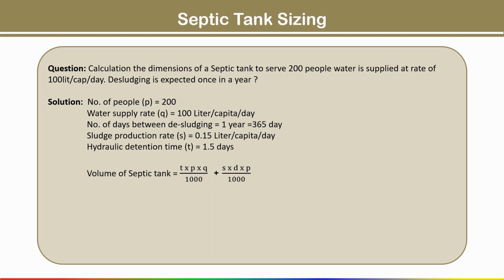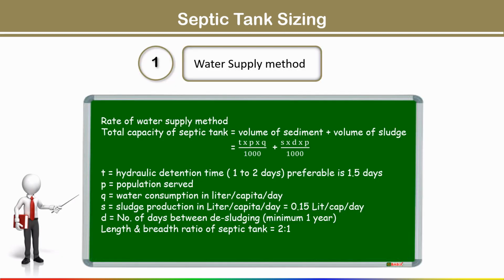From where I have taken this formula, I have already shown you the table. See, this is our water supply method. To find the total capacity of the septic tank, I have shown you the formula, volume of sediment plus volume of sludge. See, it is written here, and every detail is written. What is T, the hydraulic detention time?